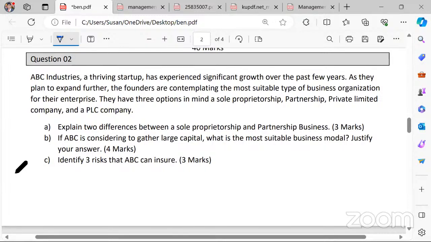If ABC is considering gathering large capital, what is the most suitable business model? Justify your answer, 4 marks. To raise more capital, out of these three options, what is the most suitable? Anyone can answer.